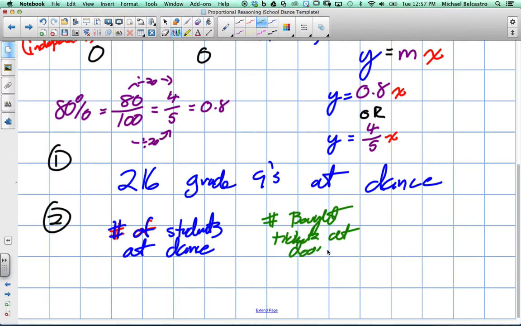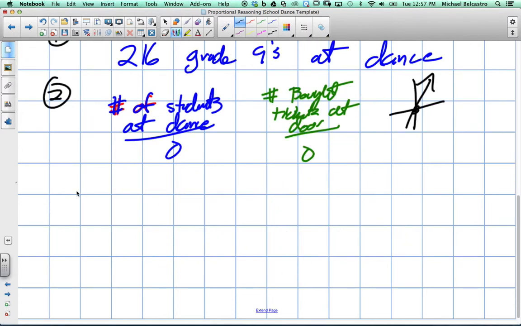If there are no students at the dance, that means none could have bought any at the door, and therefore if we're graphing, we know we're going through the origin. This is direct variation, which means we're using again this formula y is equal to m times x.